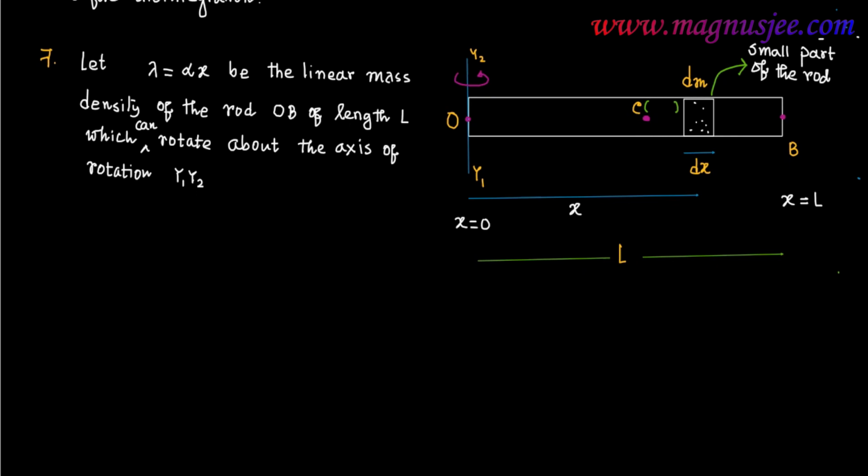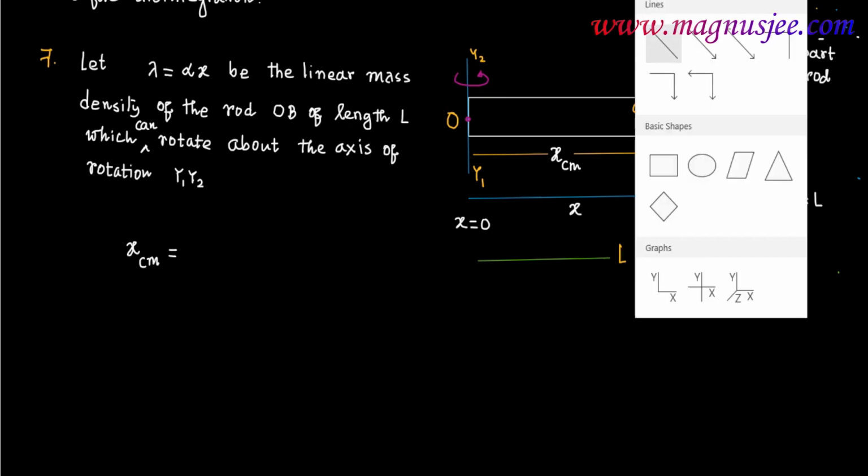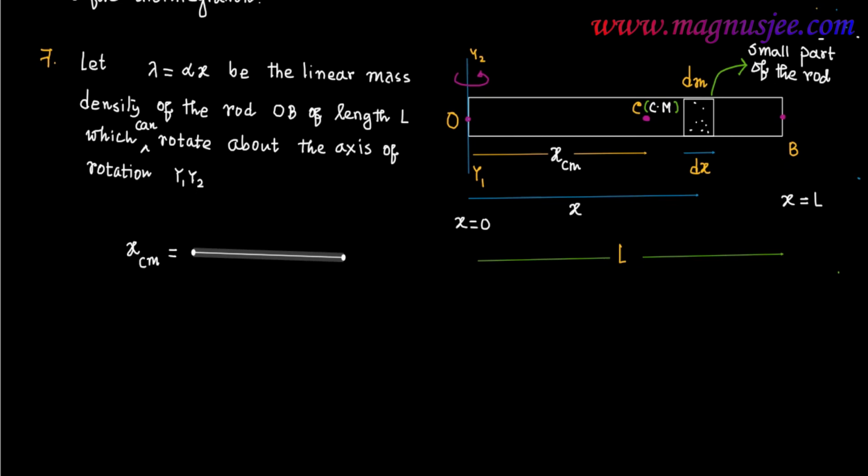Now C is the center of mass of this rod having variable mass with respect to length. In this case, mass increases non-linearly with the length, and xcm is the distance of the center of mass, that is the distance of the point C from the axis of rotation or from the point O. So now the expression of xcm is integration dm into x, that is the sum of moments of mass divided by total mass, integration 0 to L dm into x divided by integration dm.